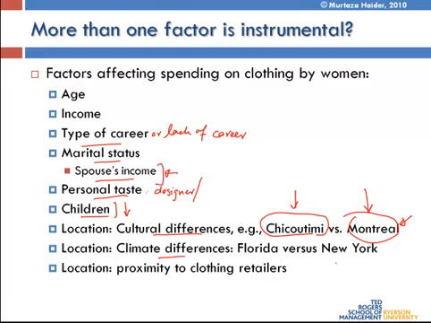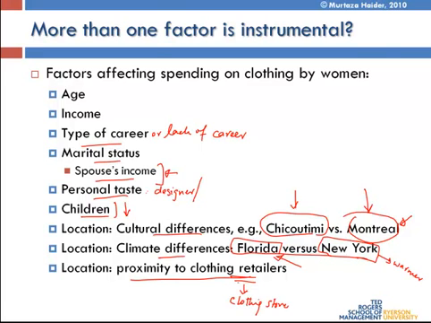If you live in Florida, it's not as cold as if you live in New York, and you need warmer clothes, which are more expensive than the clothing you need for Florida. And obviously, well, not so obviously, sometimes proximity to clothing retailers also have an impact. If you walk by every day in front of a good clothing store, maybe you're tempted to buy, compared to someone whose walk does not include walking through a mall or something like that.